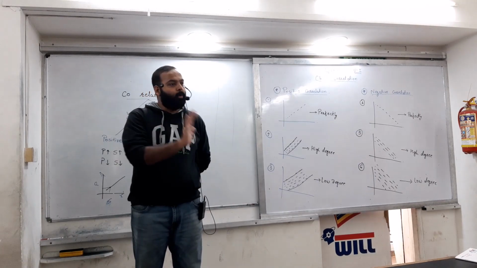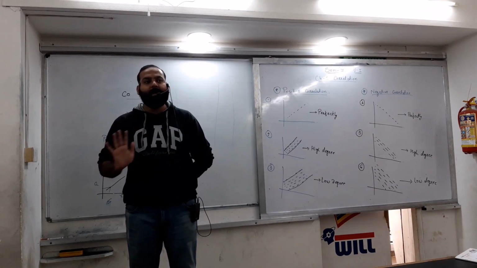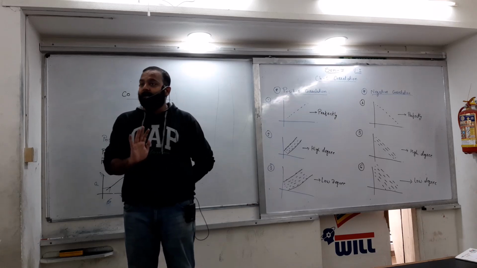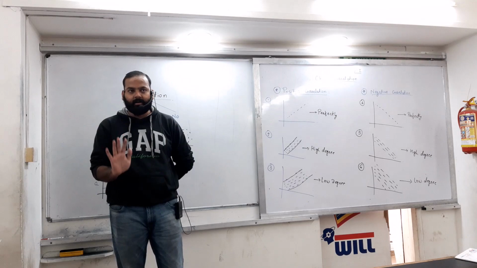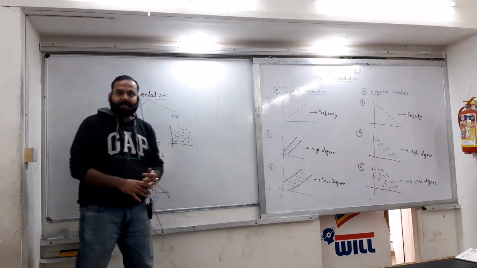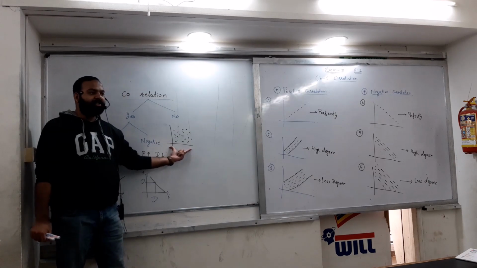किया कि ये पॉजिटिव है, नेगेटिव है, हाई डिग्री है, लो डिग्री है या परफेक्ट है. बट इसमें से कहीं पे भी we have seen 7 ग्राफ till now. कौन से 7 ग्राफ देखें तो ये 6 ग्राफ प्लस नो रिलेशन वाला 7 ग्राफ.